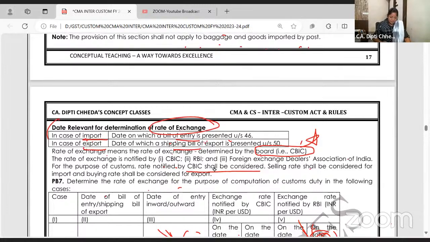Now, what is the date for taking the currency exchange rate? In case of import, the date of bill of entry. In case of export, the shipping bill.